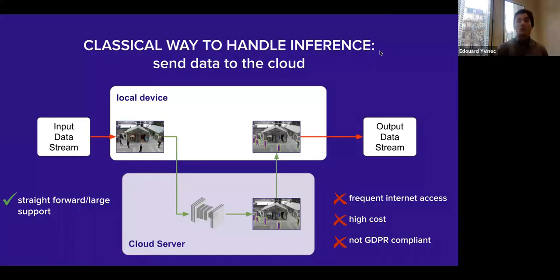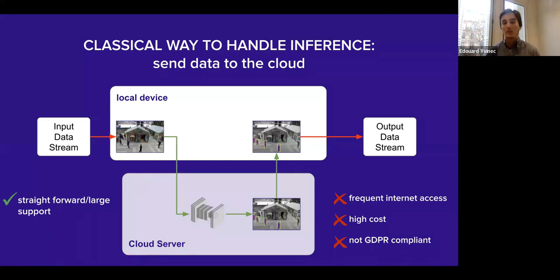Okay, so just for the sake of clarity, here is what you would get if you were to pipeline the first solution. So your network is way too big to be run continuously on your small device. So what you would do is the local device uploads the data to the cloud, the network infers on the cloud and sends back the prediction. So obviously, I don't have to convince you that that's not satisfactory.